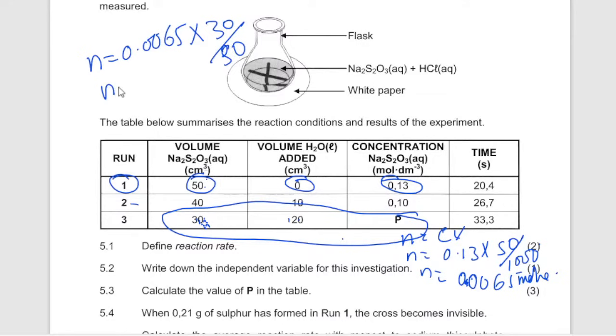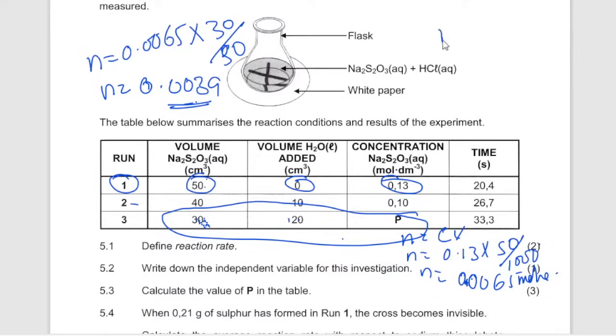So the number of moles in this case, when you calculate, you find the answer, 0.0039. These are the number of moles which we find here. You understand? So we can use this and then find the concentration.